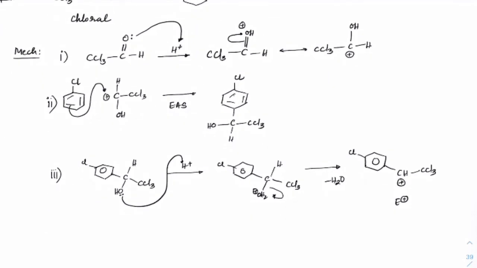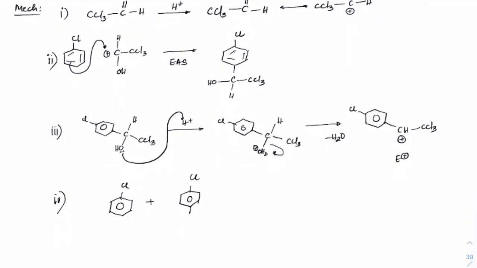So check these steps. One more time we will have an EAS reaction here. So chlorobenzene treating with CH CCl3 plus.